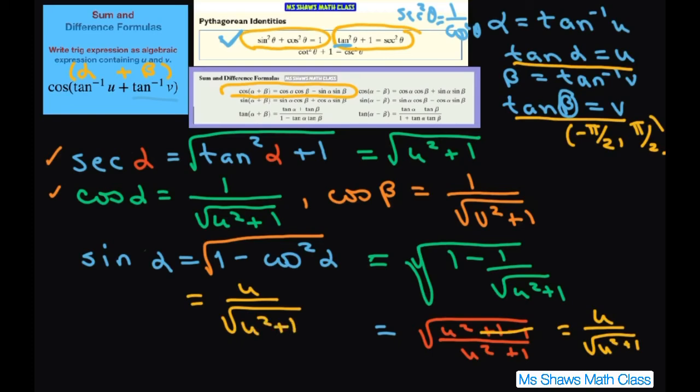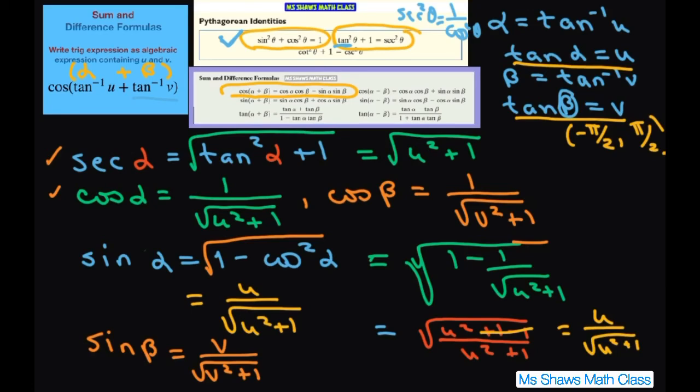All right, and your sine of beta is going to be the same thing. You're going to do the same thing but change these to betas. And so sine of beta is going to be your v part. v divided by square root of v squared plus 1. Now all we have to do is use our formula and write this all out. So just make sure you have all this written down.